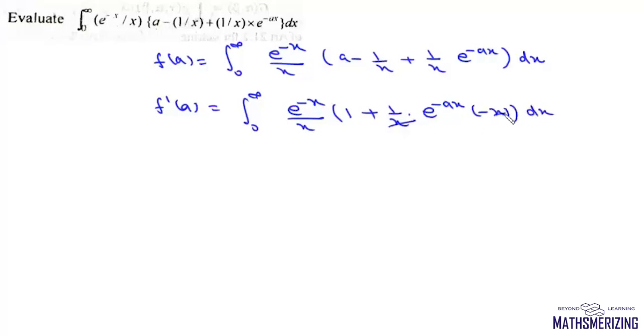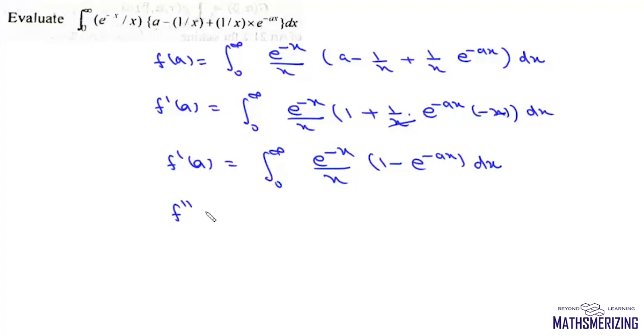Now here x and x will cancel, so we'll write f'(a) as this integral from 0 to infinity e to the power minus x upon x and then 1 minus e to the power minus ax dx.